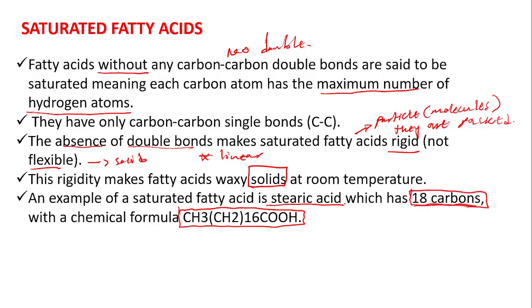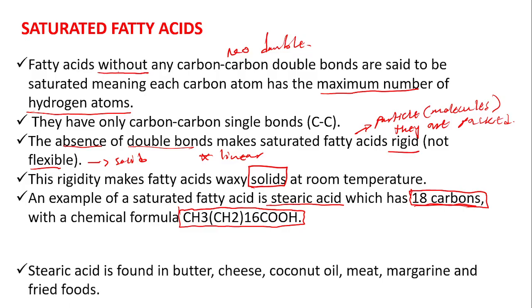On this example, there are about 3 questions you can be asked: referring to stearic acid as an example of a saturated fat acid, the number of carbons it has, and the chemical formula of stearic acid.